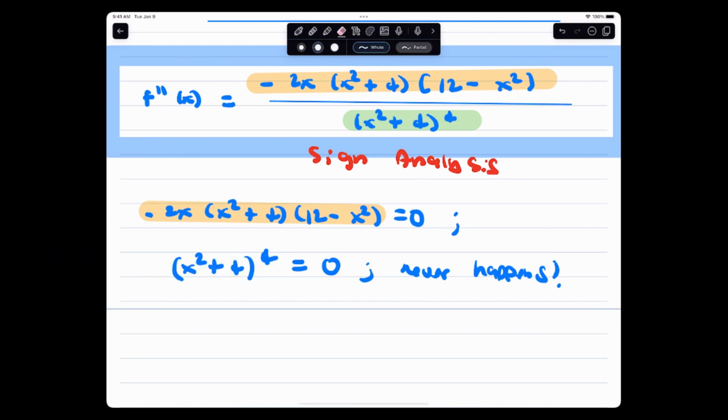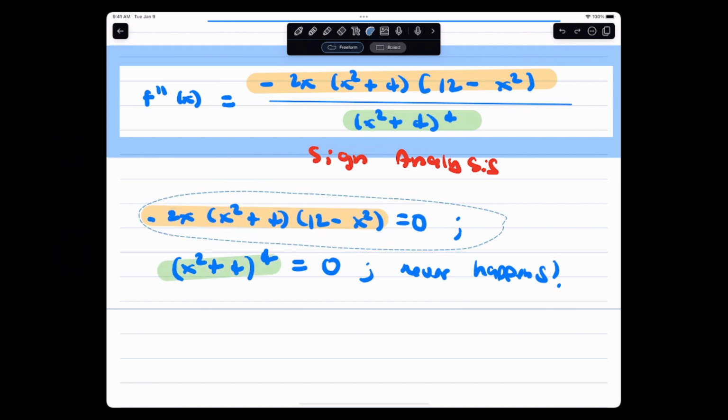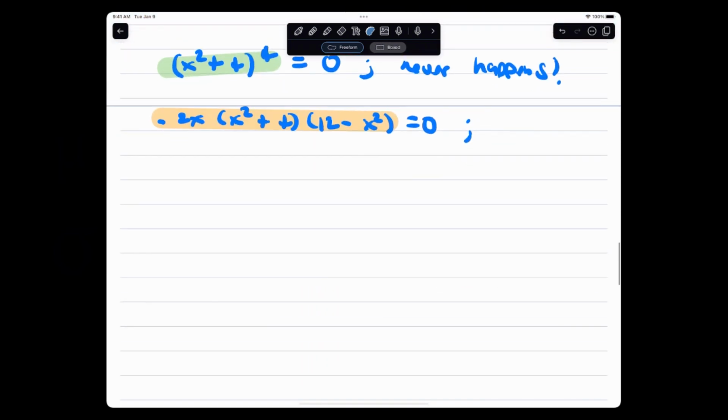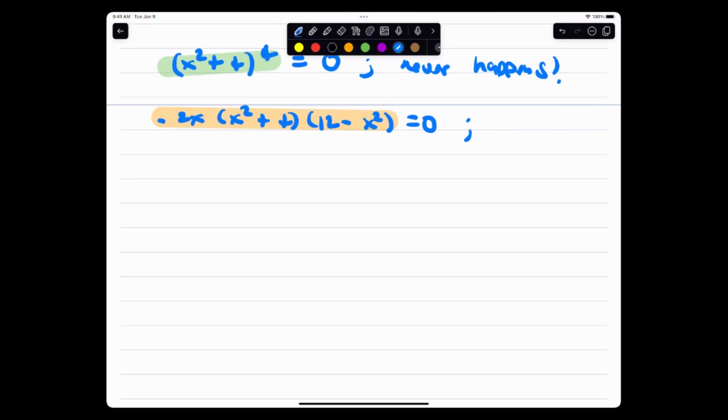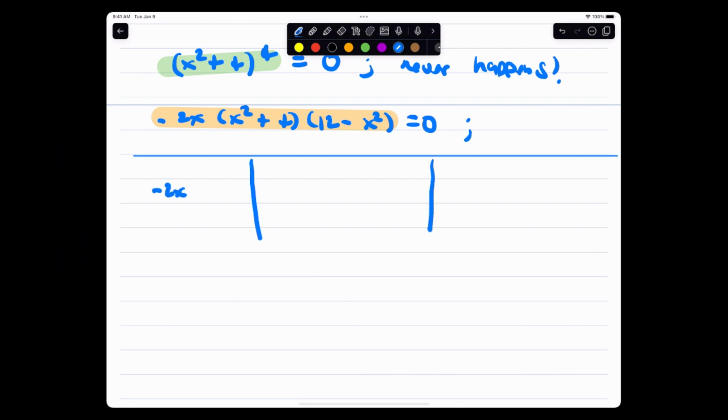I'm going to get rid of that here. Or, no, let me do this. Let me just move this. Because I'm going to do zero product rule, right? So you say, okay. Negative 2x equals 0. X squared plus 4 is 0. 12 minus x squared is 0. So this means x equals 0.